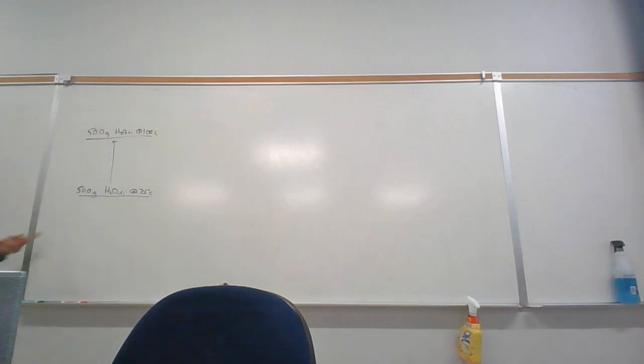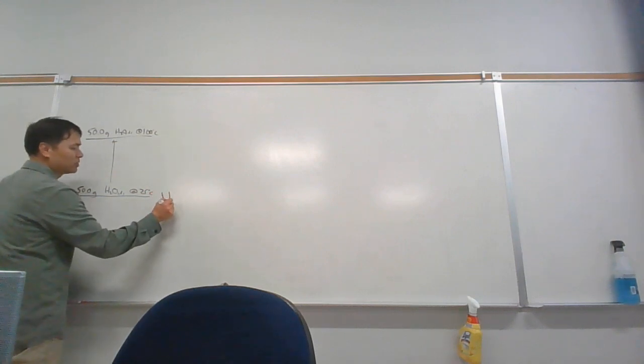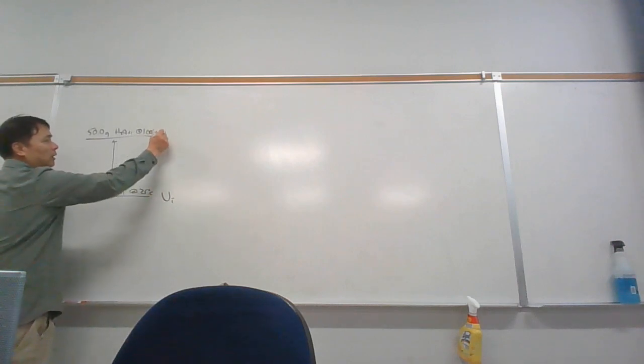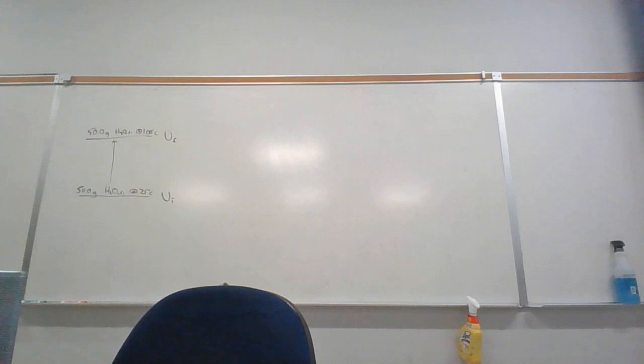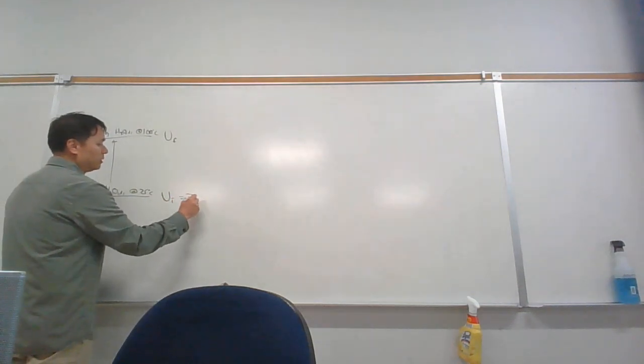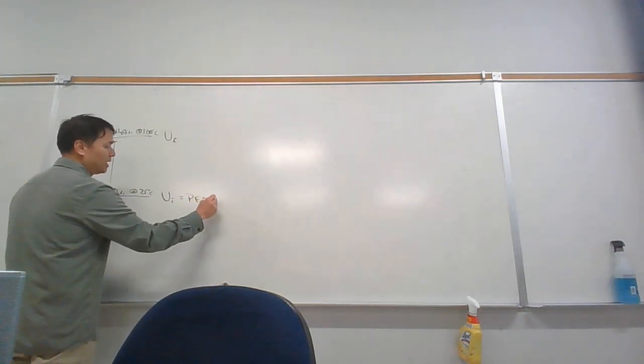To determine the energy change, we look at the initial energy and the final energy. This is the internal energy, which we call the total energy. The total energy is comprised of what? The potential energy. Yeah, the potential energy, I'll just call it PE initial plus KE.